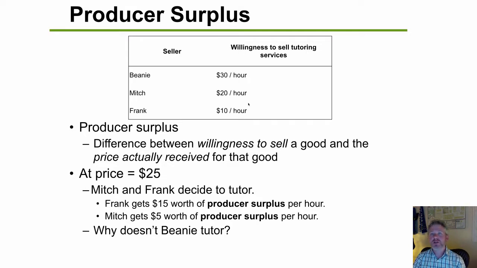Mitch, it's a little closer for Mitch. Mitch was willing to do it for $20, but he's getting $25, so he gets a producer surplus of $5 an hour. Beanie, of course, doesn't tutor because the price is below his willingness to sell. He would be losing from his point of view if he were to tutor at $25 an hour. So in our models, we assume people don't do those sorts of things. They don't do things that make them worse off.